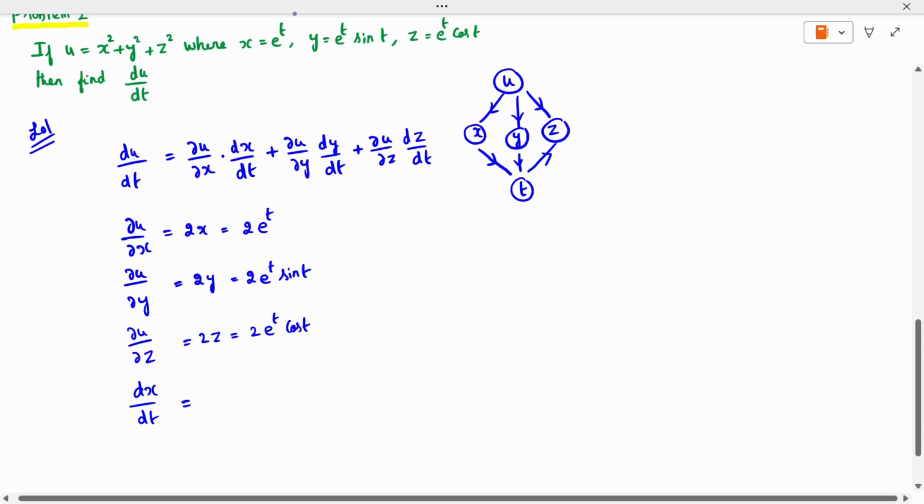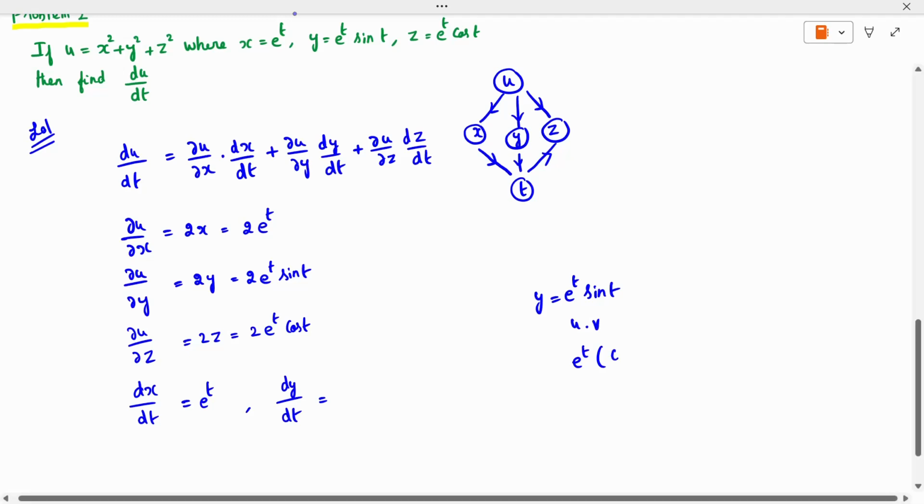E to the power t, when I differentiate, is the same, e to the power t only. Same way, dy by dt. Now you check, y has been given: it is e to the power t into sin t. Now it is u into v, so you have to differentiate. Sin t, when I differentiate, what is it?